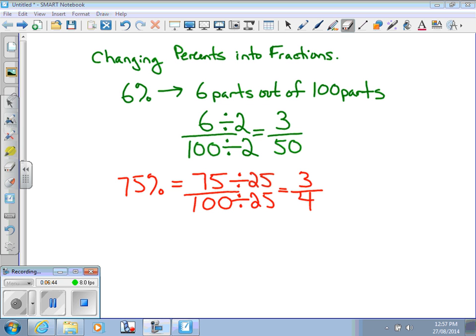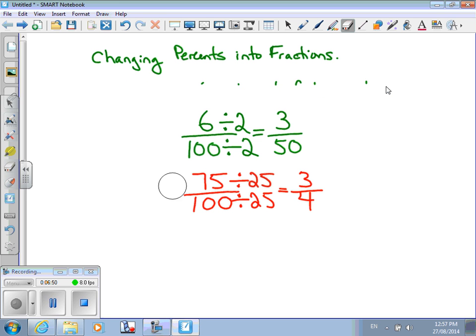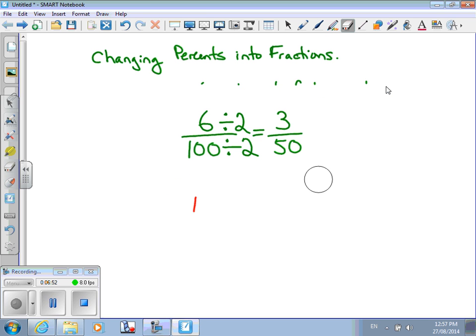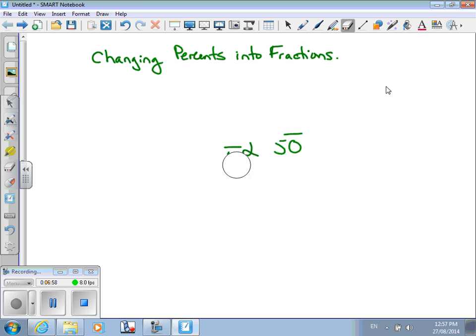Okay, now that you know how to change percents into fractions, let's get rid of this. And the next thing we're going to look at is changing percents into decimals. So we'll just change this one word, and we'll change that into decimals.